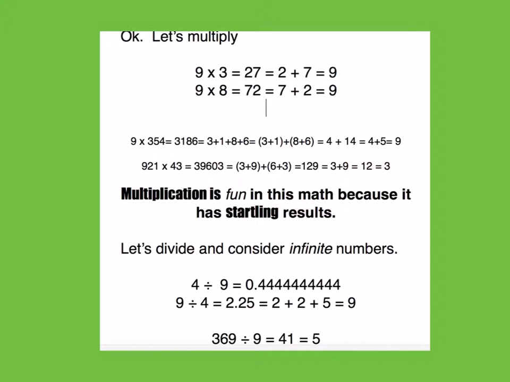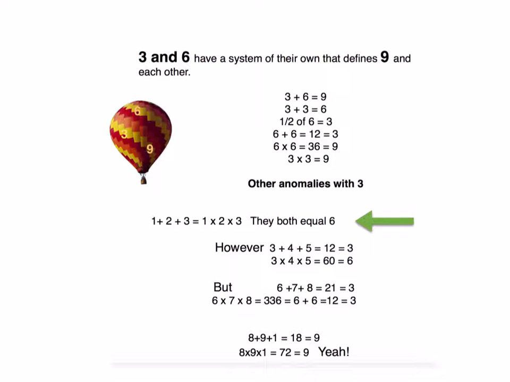You see how 27 and 72 mirror image each other? And that equals 7 plus 2, which equals 9. Multiplication is intriguing. And when we divide, we do reconsider. Here, I define another number for our infinite number. And you will see the validity of it.